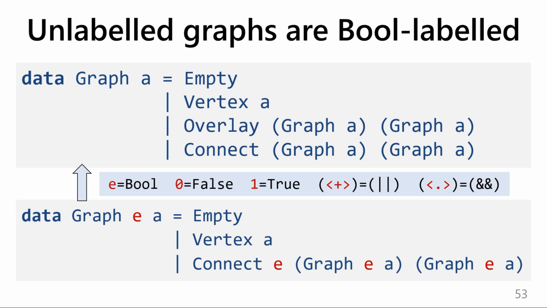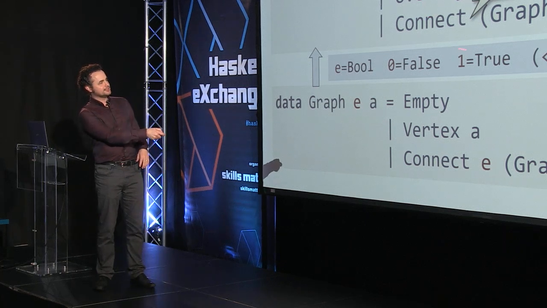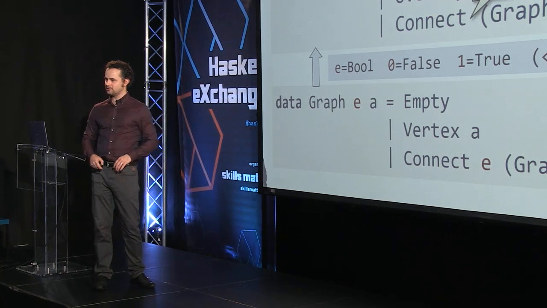And to combine labels, we use or and and. This captures the connectivity information. So you can combine 2 true labels into 1 true label between further apart vertices. So these are all 4 monoids in action. We have overlay, connect, plus, and multiplication on edges.